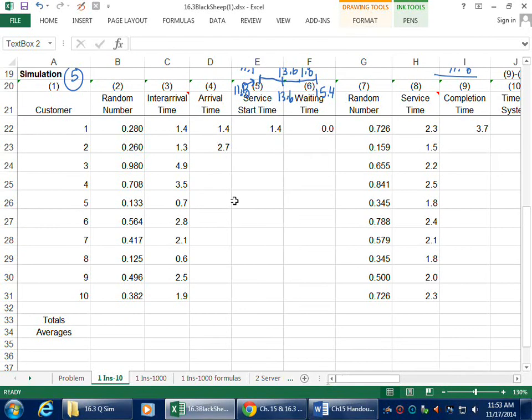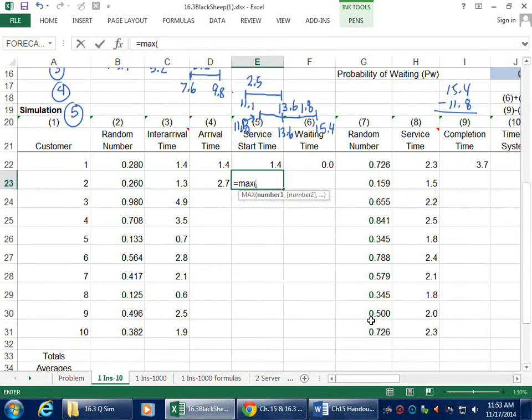So here I just say whichever is later, my arrival time versus number one's completion time. So when my predecessor leaves versus when I arrive, whichever is later.